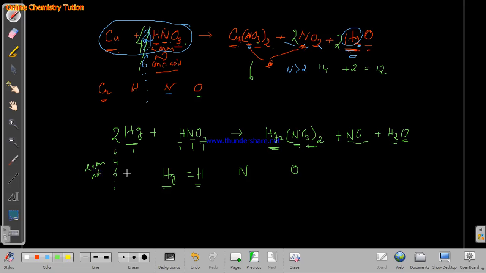You cannot bring an odd number here. Next hydrogen. Here hydrogen present is 2 atoms, here hydrogen is 1 atom. So you also have to check like that, 2, 4, 6, even number. You cannot bring any odd number here.